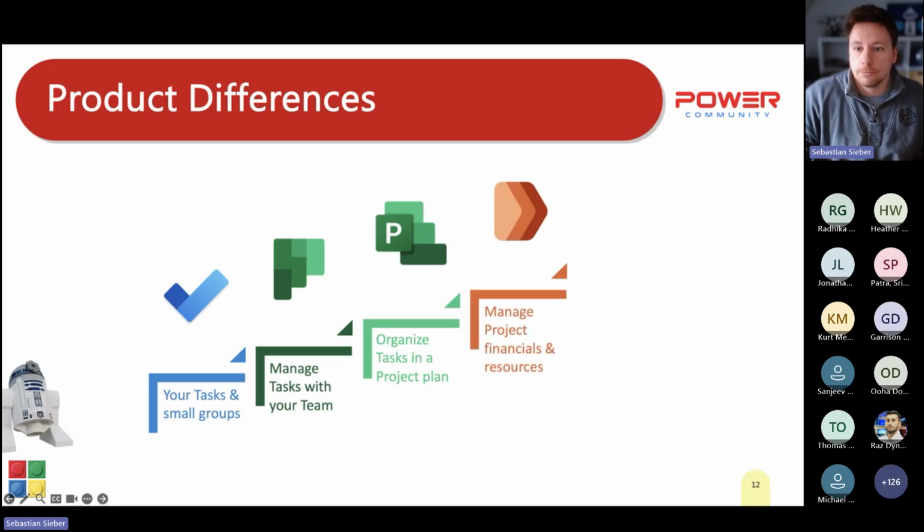And then there comes in Project Operations, which brings in the whole financials and resources capabilities, which Project for the web, for example, is missing. So if I want to understand, from a cost perspective, does it make sense to do this project?